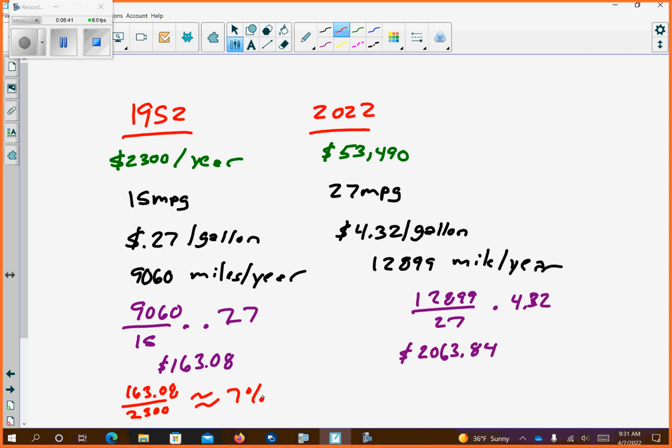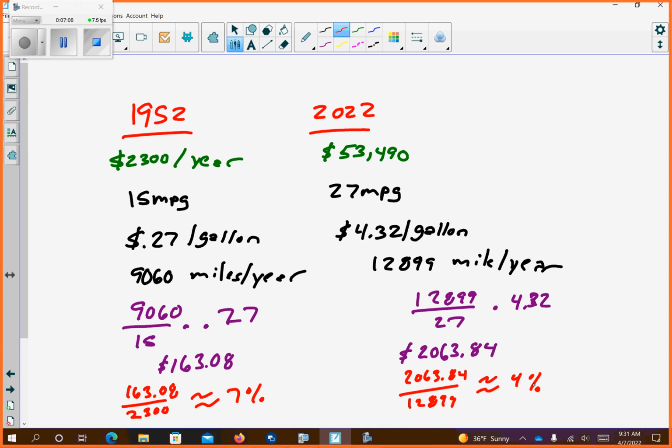This, again, doesn't have to deal with any maintenance. And then these guys, 2063.84 divided by 53,490. And this comes to about 4%.